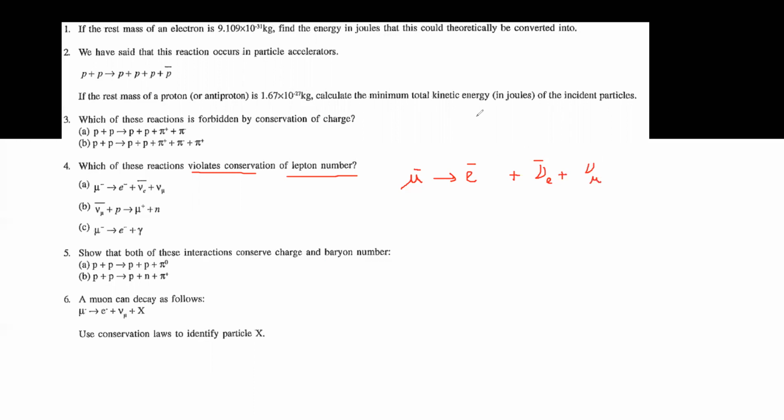Because we just have to check the lepton number, not all. For every lepton, it is +1, and for anti-lepton, it is -1.